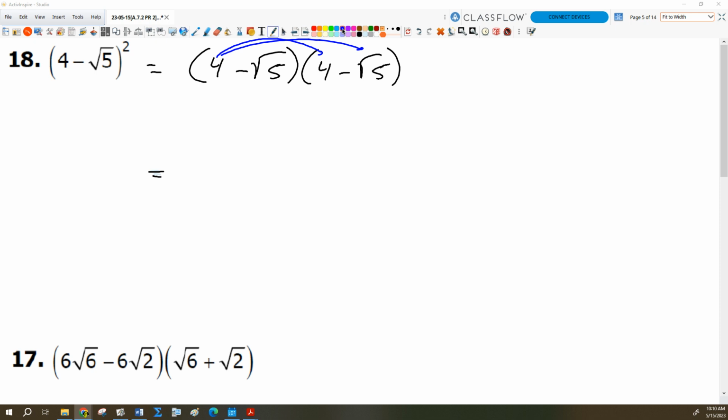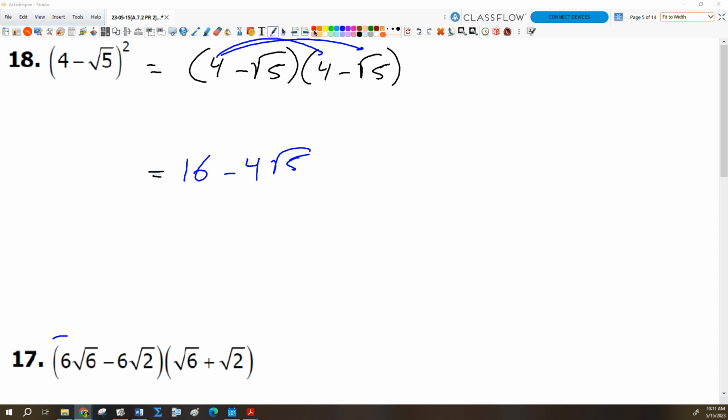Okay, 4 distributed to the 4 gives me a 16. 4 times negative the square root of 5, what's that? Yeah, good. We just multiply outside numbers and inside numbers, right? So what are my outside numbers? 4 times negative 1 is negative 4. And my inside numbers, all I've got is a 5 for my inside number, right?